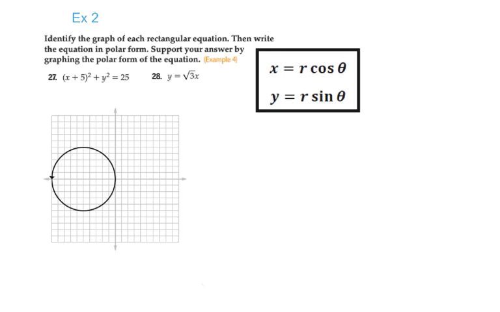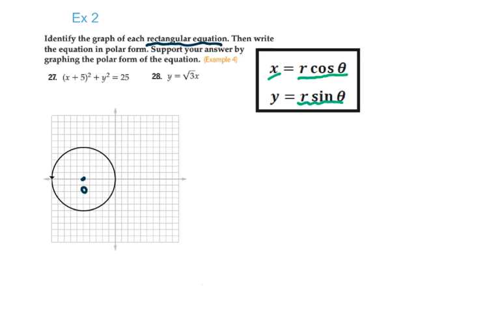According to this rectangular equation, we know this is a circle, and we already graphed this rectangular equation. How to write the equation in polar form? We need to substitute x with r times cosine theta and y with r times sine theta.